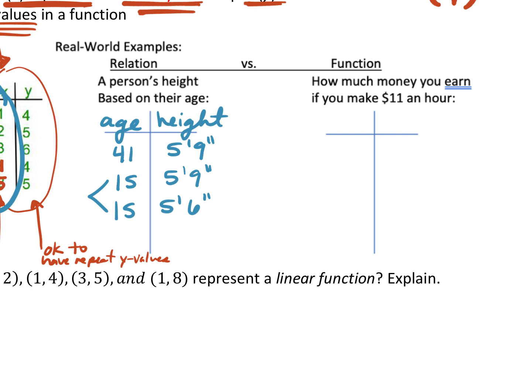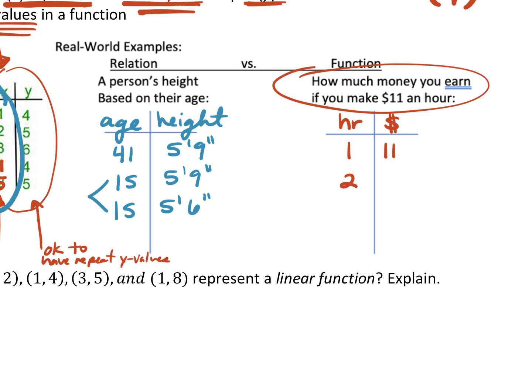However, if you were looking at how much money you earn if you make $11 an hour, okay? So we're talking about how many hours you work and the money you have earned from it. If I work 1 hour, how much money do I make? $13. You get a $2 tip or what? $11, right?